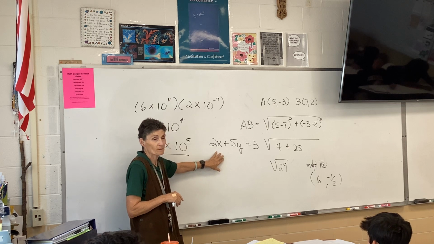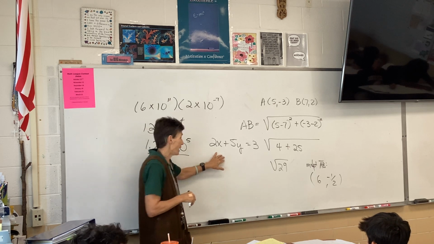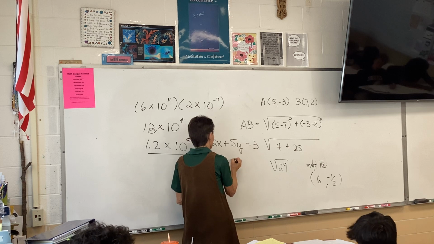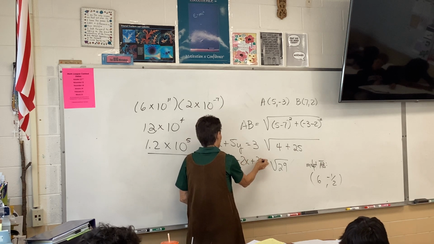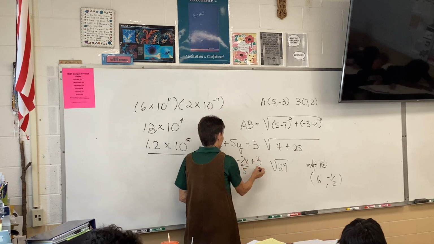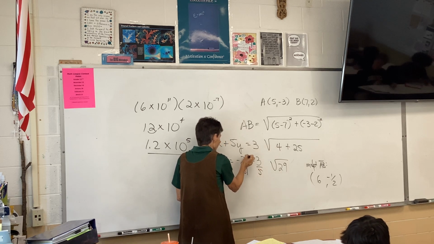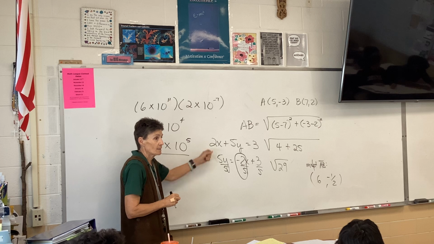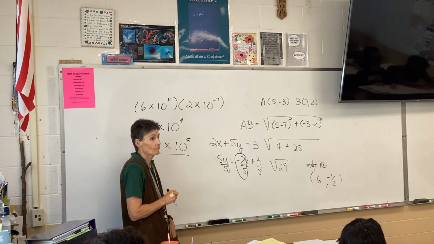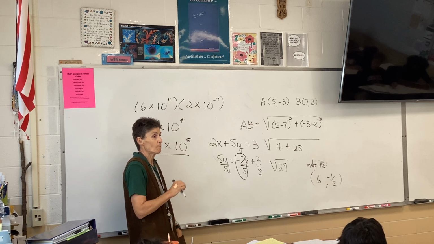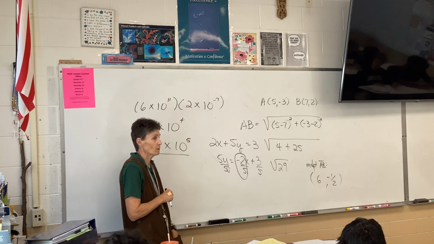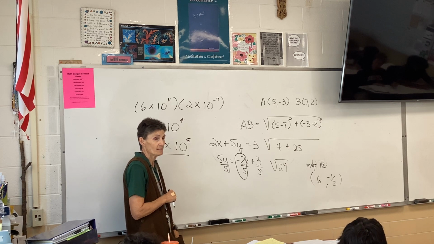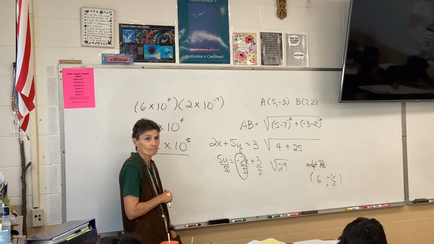How do I find the slope of this? Get y by itself. So would you agree that the slope of this line is -2/5? Yes. Which means the perpendicular slope will be positive 5/2.